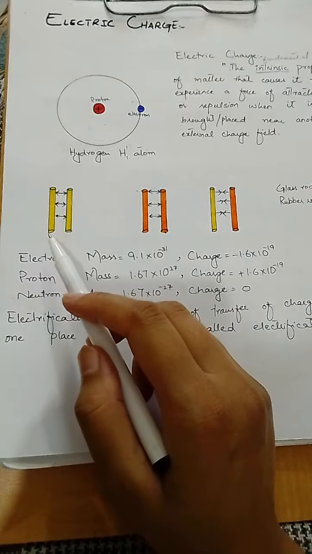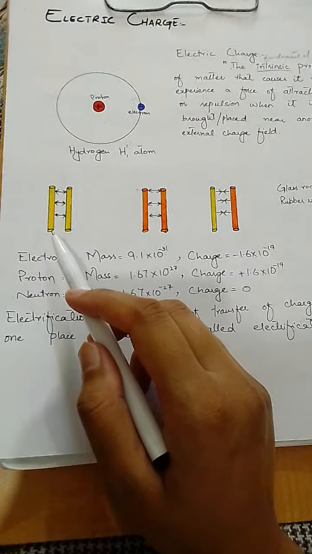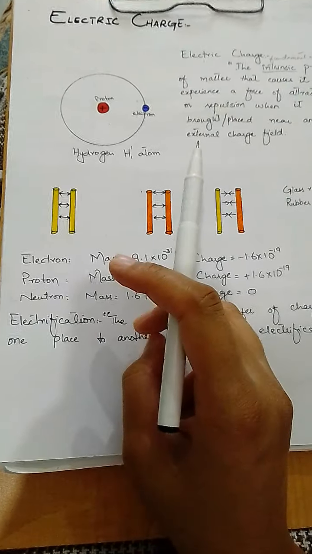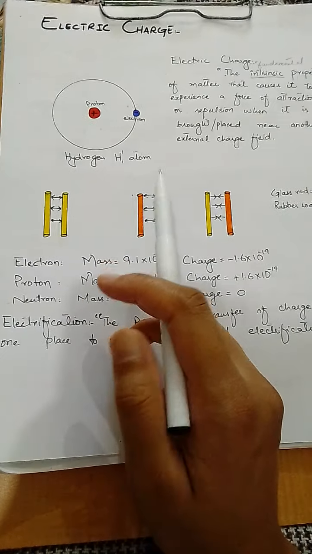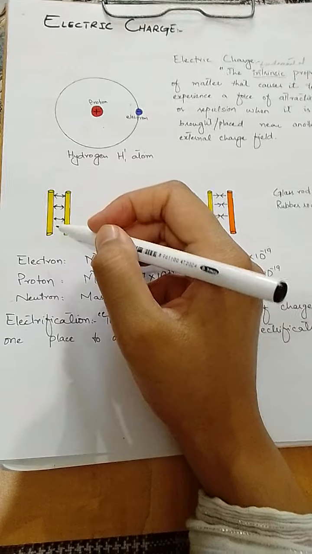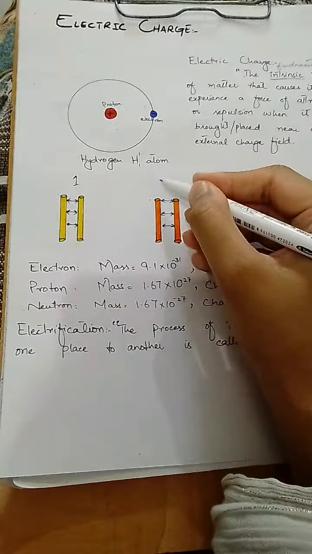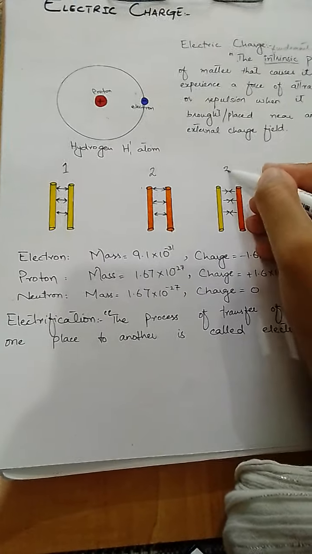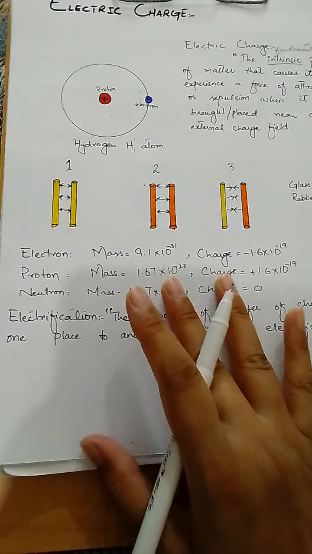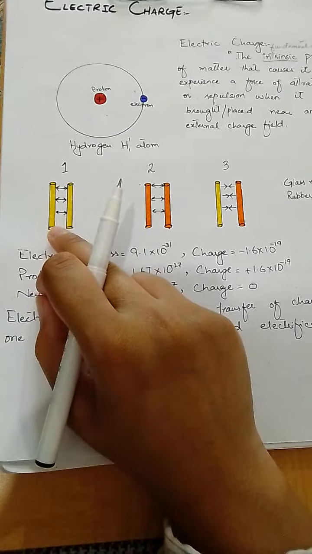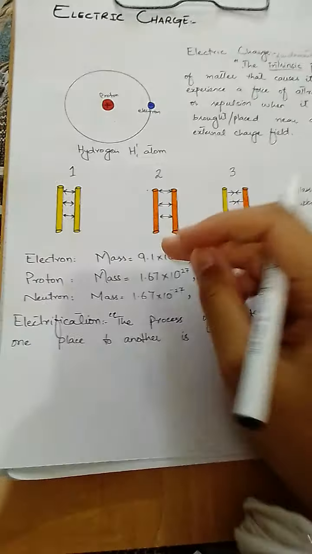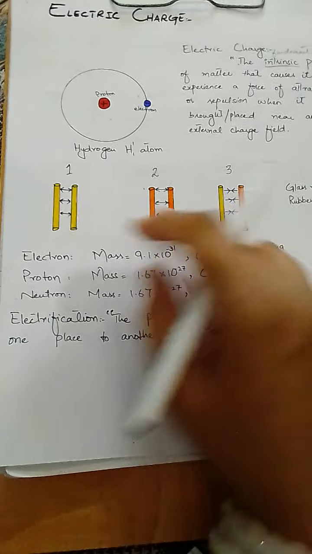We take two kinds of rods, glass rods and rubber rods. This is the first case, this is the second case, this is the third case. The yellow ones are glass rods and the orange ones are rubber rods.